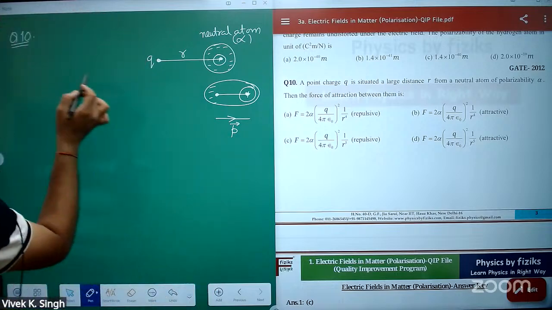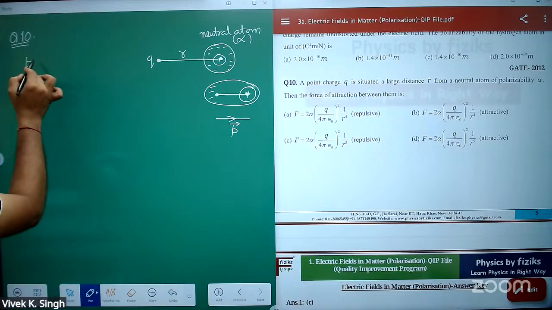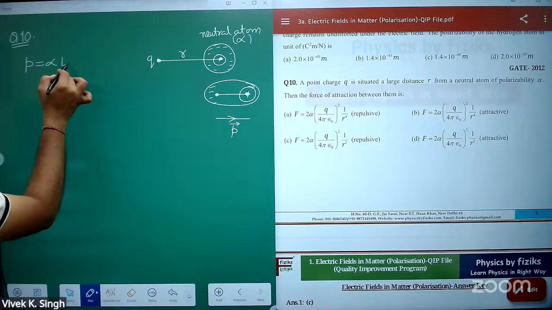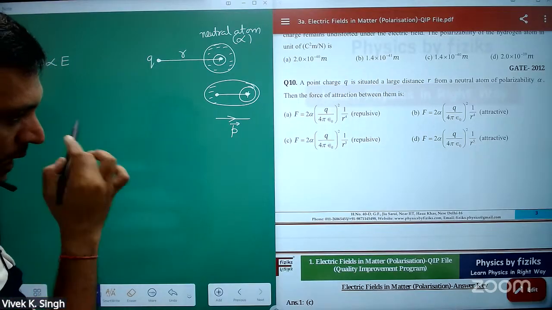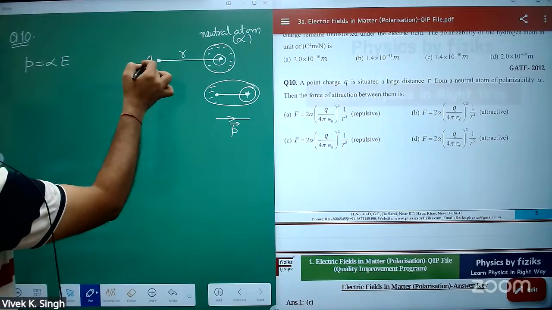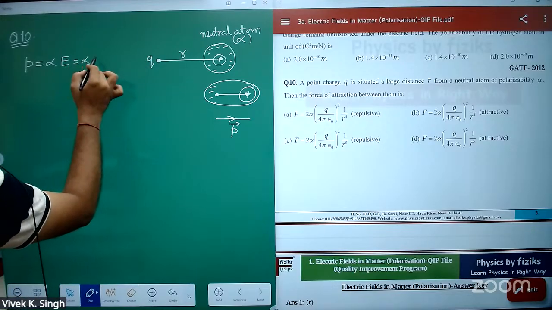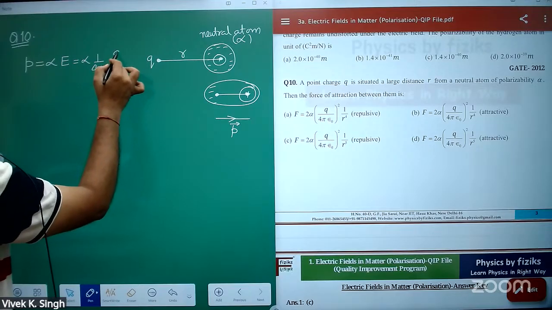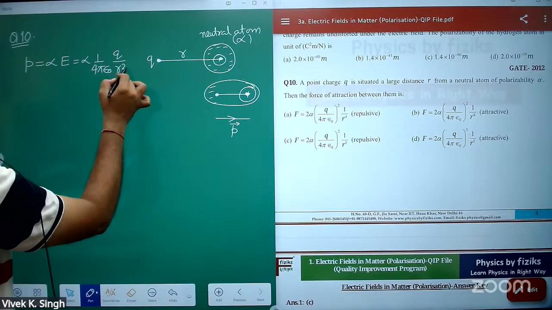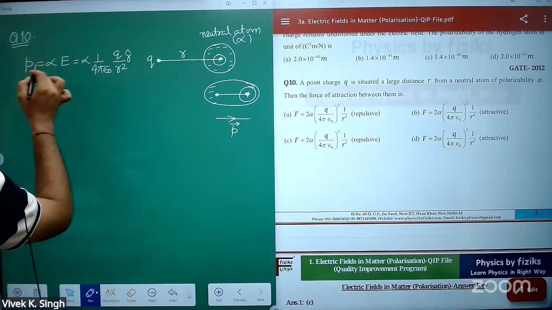Its dipole moment is given by alpha into E. The dipole moment is given by the atomic polarizability alpha into the electric field. And the electric field is given by what? 1 by 4 pi epsilon naught Q by r square r cap.